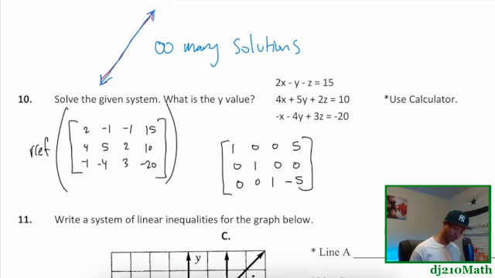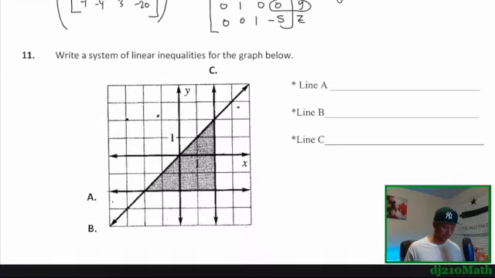This is my X, this is my Y, this is my Z. The Y value is Y equals 0. It's kind of nice.